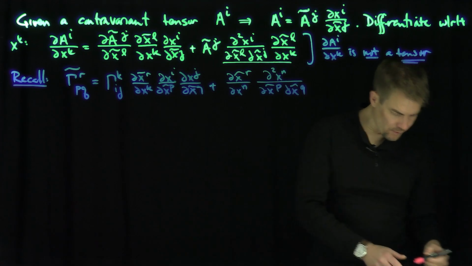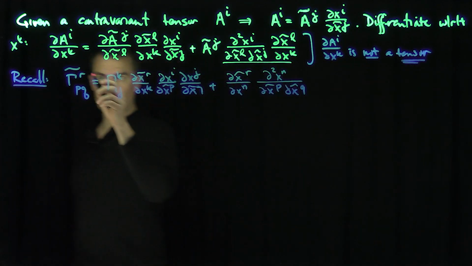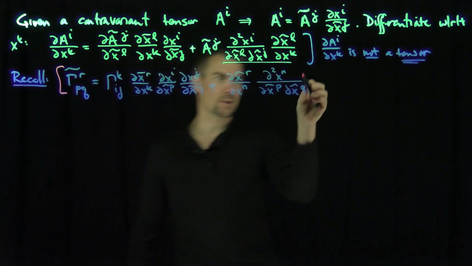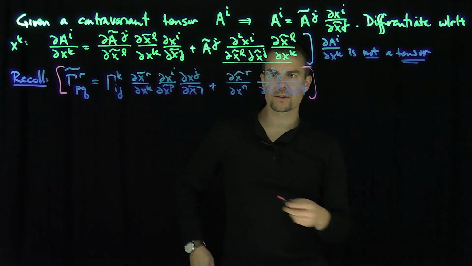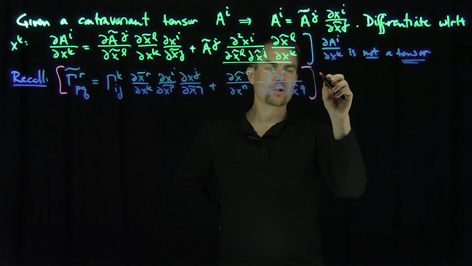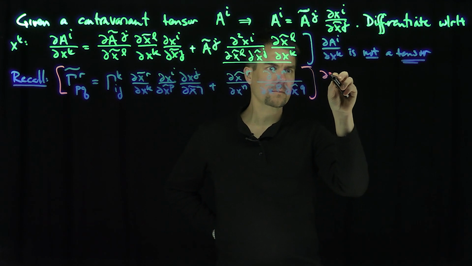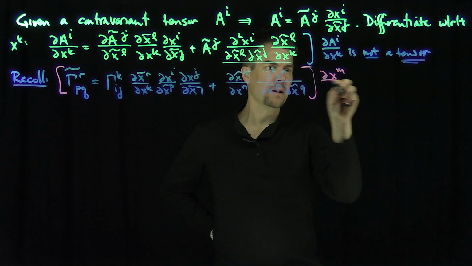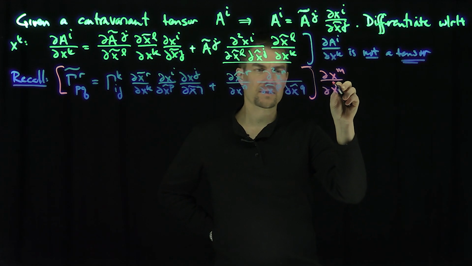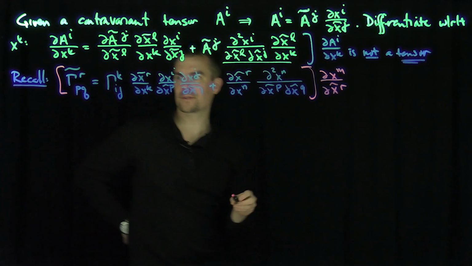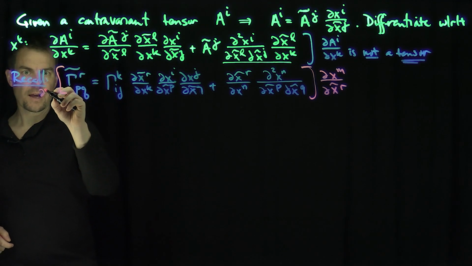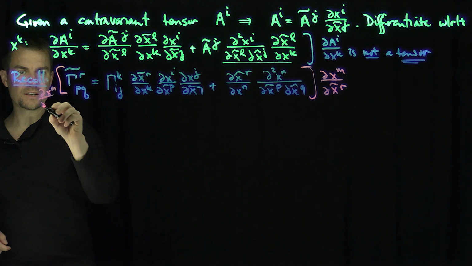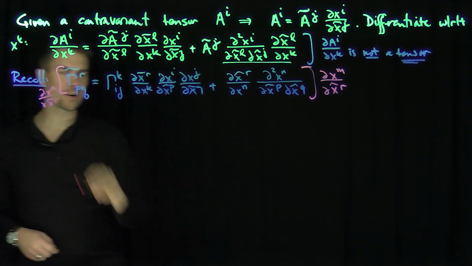And so now what I'm going to do is multiply both sides of the equation by something. I'm going to try to get rid of this term over here so I can isolate the second derivatives. So I'm going to apply a dx^m over dx tilde r to both sides of the equation, so there's a contraction over here.